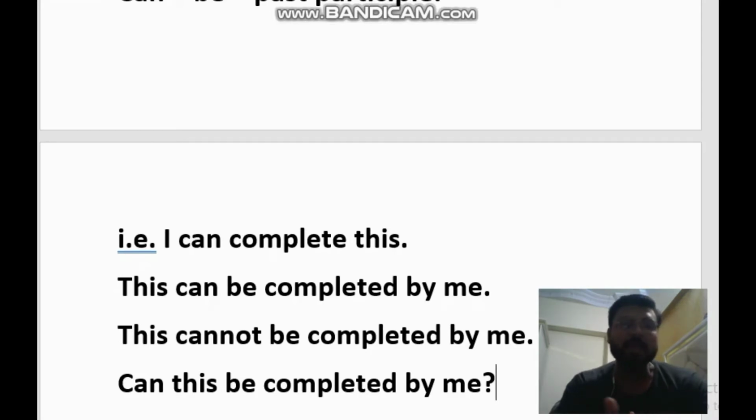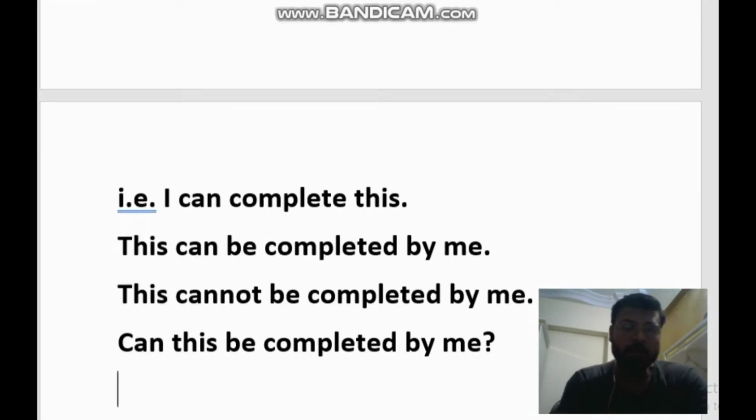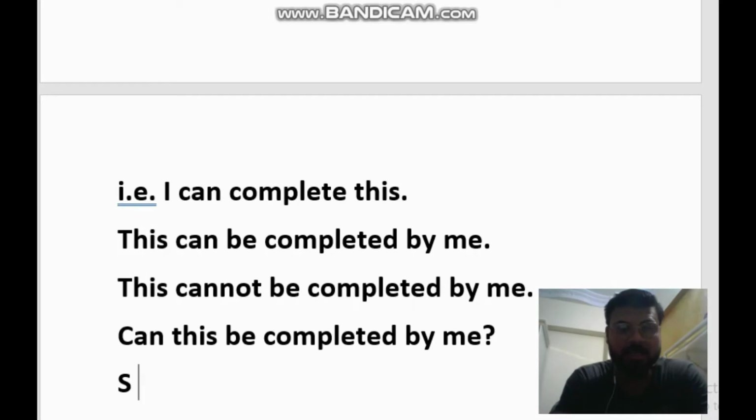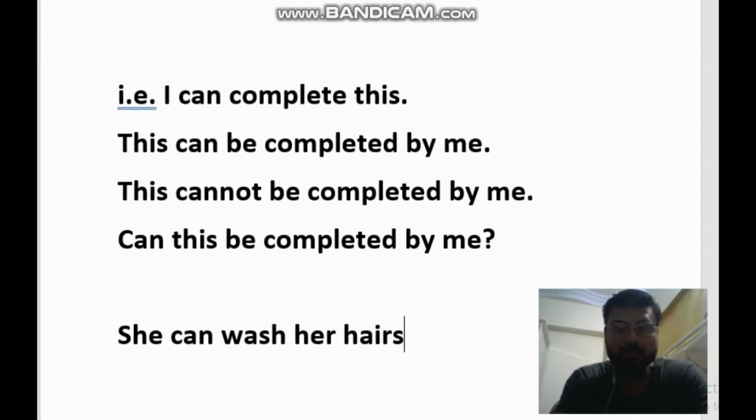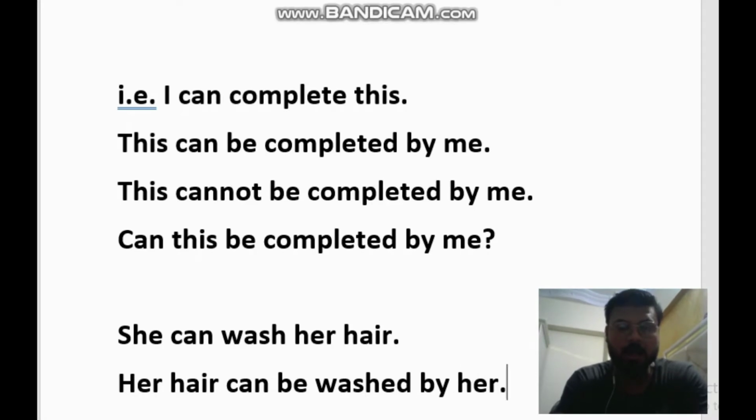One more example is, she can wash her hair. It's not hairs. When you use hairs, it's wrong. So it's hair. She can wash her hair. In passive, it's going to be: her hair can be washed by her.